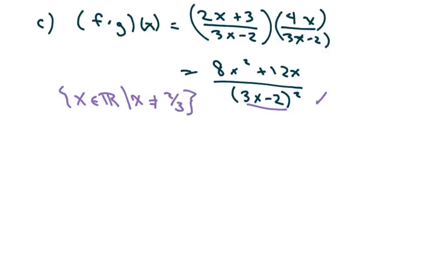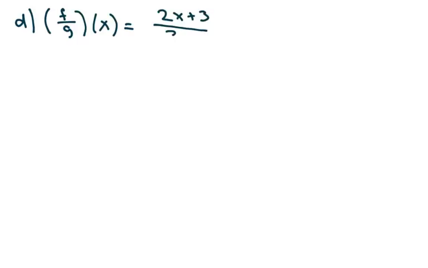And for the last bit, I think I'll just start a different slide for that. So that's going to be f over g of x. So we get (2x plus 3) over (3x minus 2), over 4x times (3x minus 2).